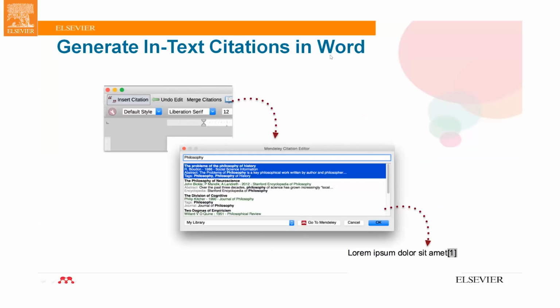When you would like to generate an in-text citation in Word, just go to References, Citations, and click on the reference that you would like to cite on the Mendeley desktop, and it just automatically generates it in your Word document.